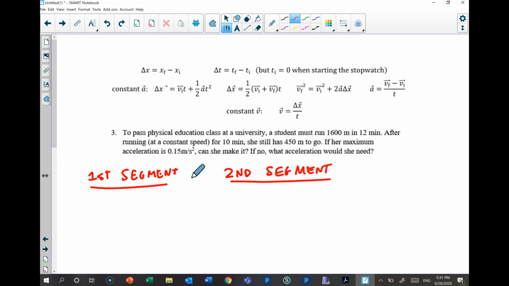Let's list the givens. This is the total displacement, or the total distance. This is the total time. What else do we know? In the first segment, she runs for a time of 10 minutes, which of course we can convert to 600 seconds.